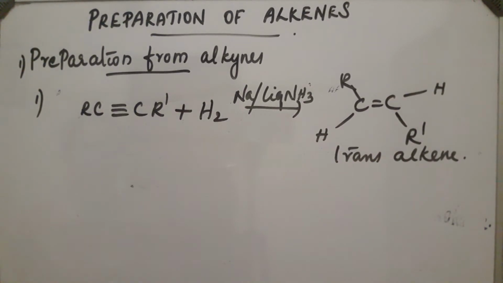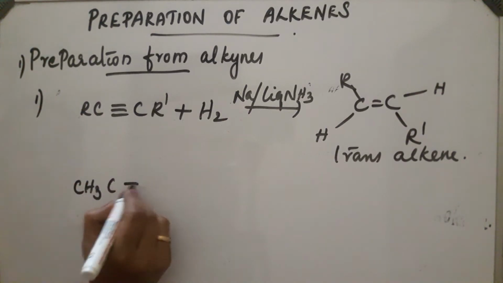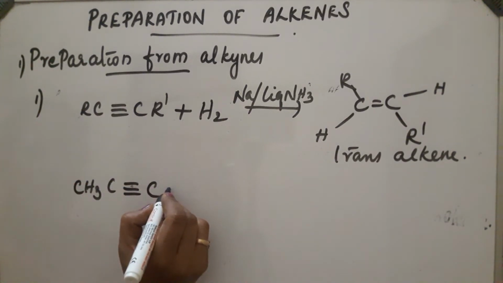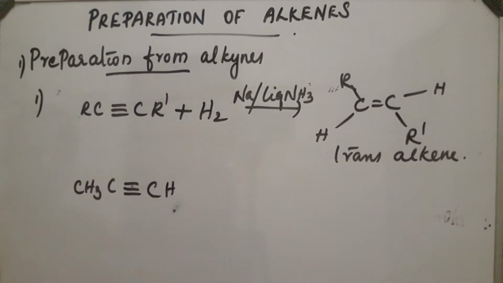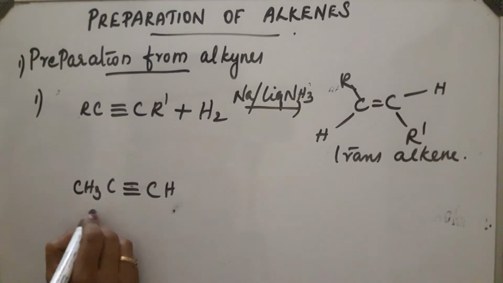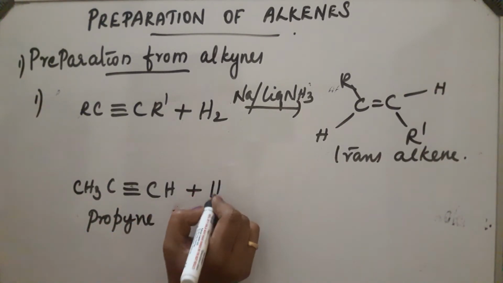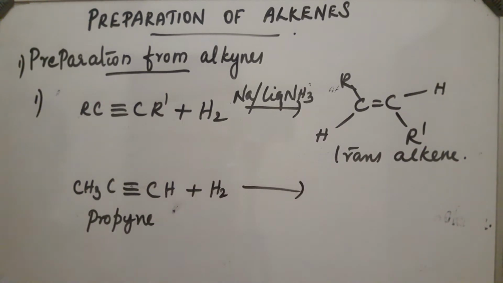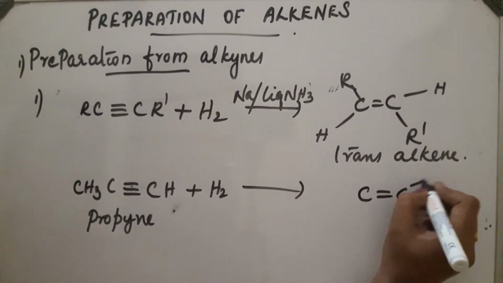Now, let us see if we use propyne as the compound, that is CH3C triple bond CH. This is propyne. On reduction, do we get these isomers? The alkene obtained will be like this.